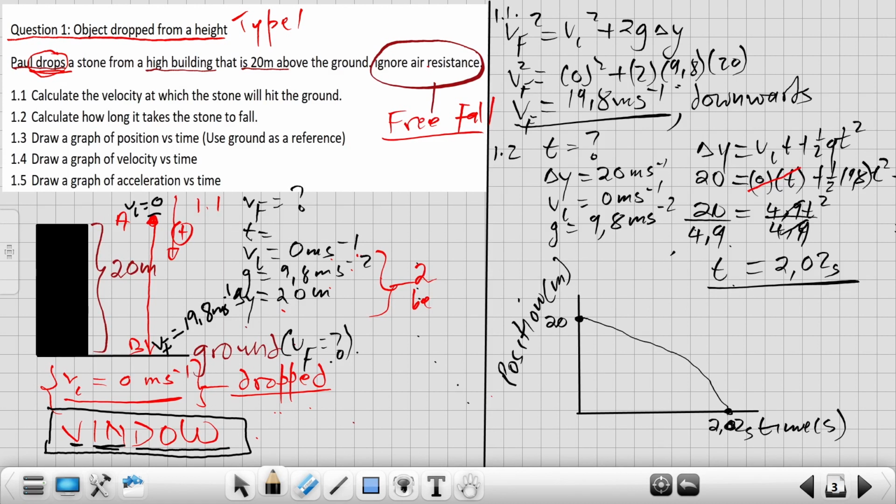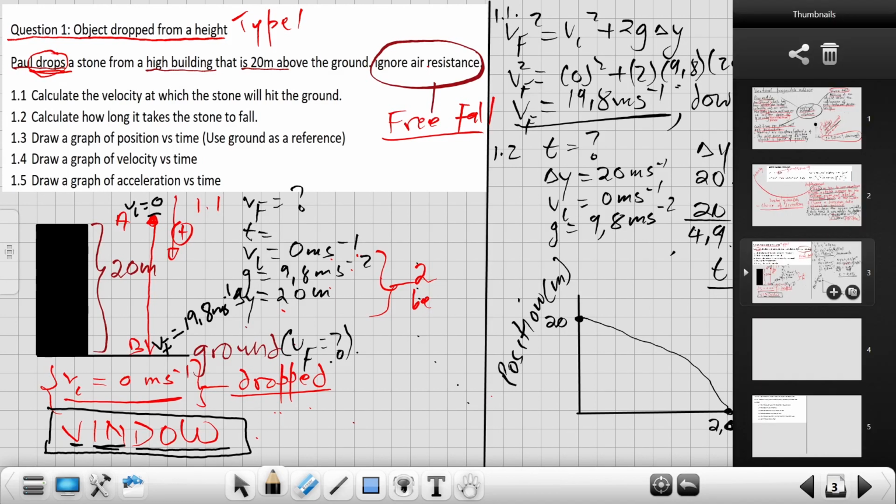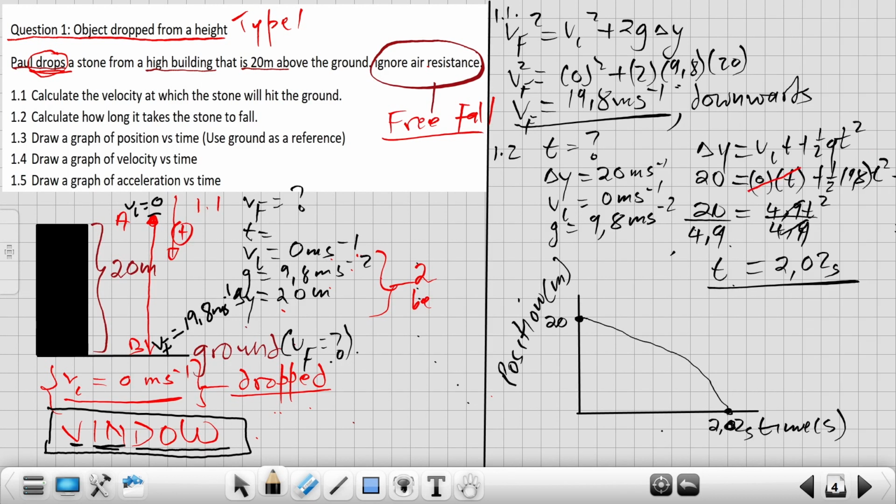Then at 1.4, let's copy the slide. Then at 1.4, draw a graph of velocity versus time. Drawing velocity versus time will be easy to do because all the values are given to us. So let's get there, and then I will just remove this one. Now we are going to draw the velocity versus time.